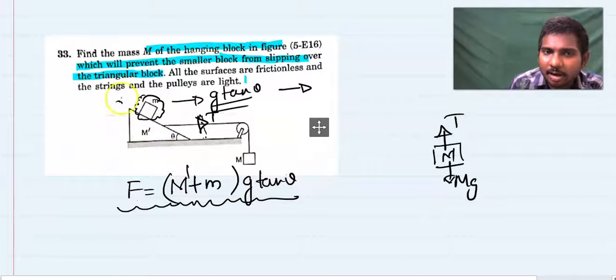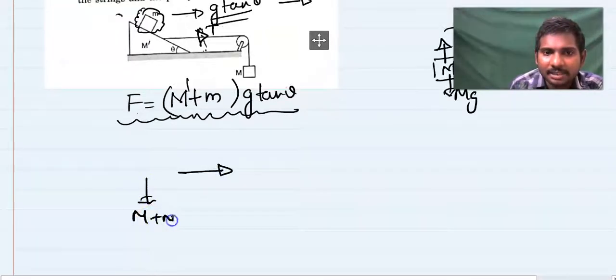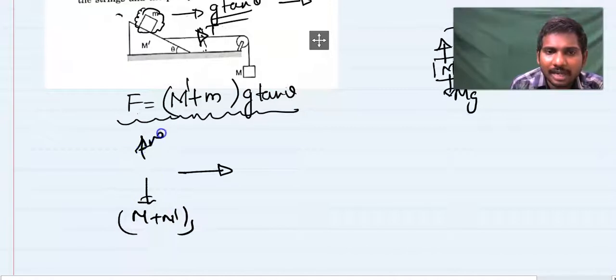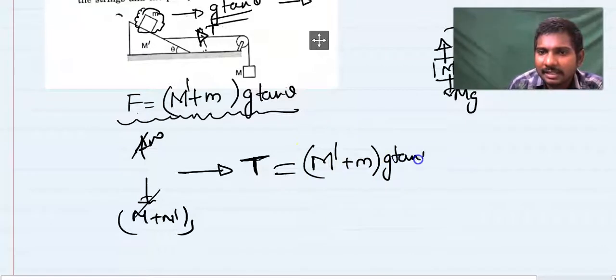On this entire system, m' plus m, there will be only tension, and there will be (m + m') g, and a normal reaction. But this is not required for our business here. Only the horizontal force, which gives the horizontal acceleration g tan theta, is required in this question. So what is providing that acceleration here? Tension. That means here the tension is the unbalanced force. This tension should be equal to (m' + m) g tan theta.